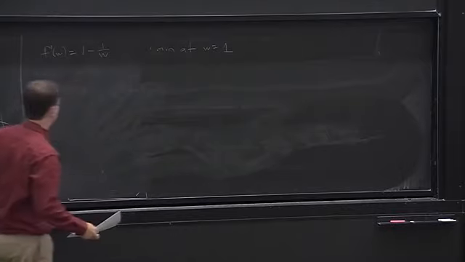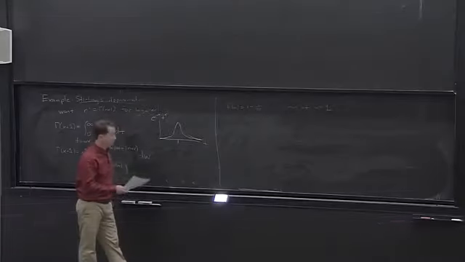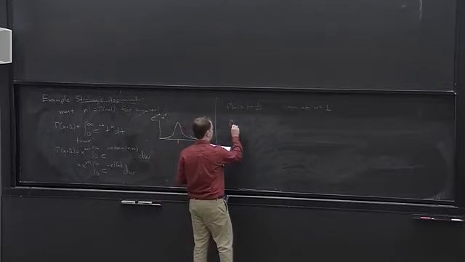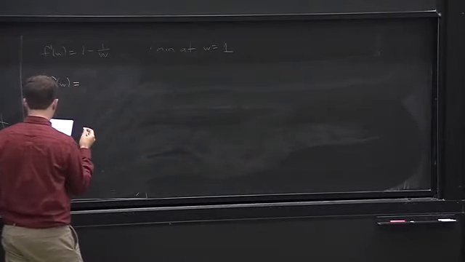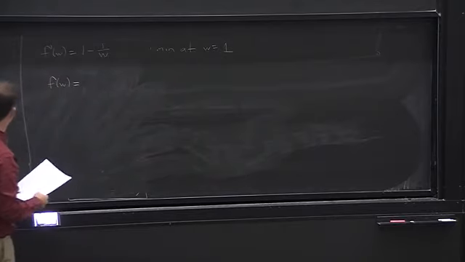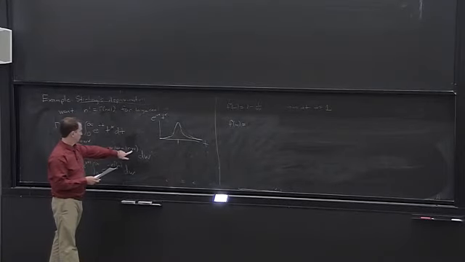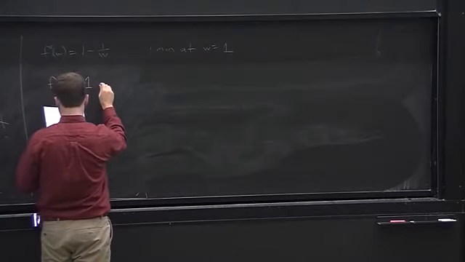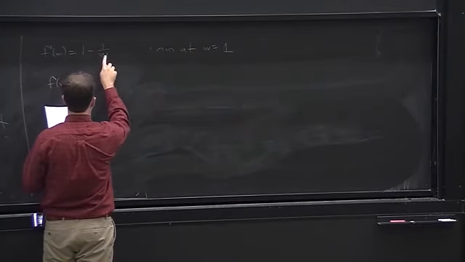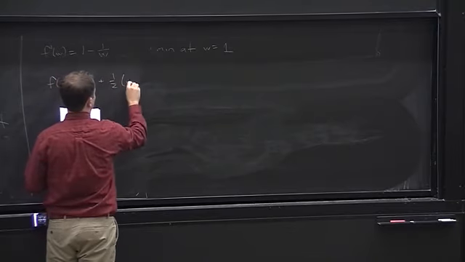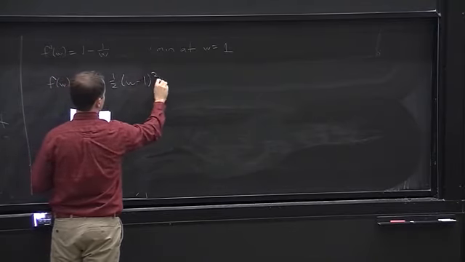So the integrand is maximized when w equals 1. So we can expand w around w equals 1. At w equals 1, log is 0, so we just get 1. And the second derivative will just give us 1 over w squared, so we get plus a half (w minus 1) squared.